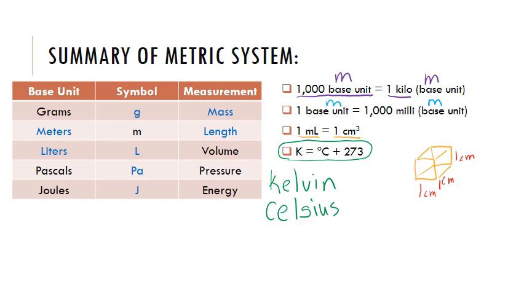So if I have something in Celsius and I want to change it to Kelvin, you simply add 273. So the two scales are the same as each other, but they just have different starting points. Kelvin starts at what we call absolute zero, or 0 Kelvin, and Celsius starts at negative 273. So to change between them, we just have to add 273 to the degrees Celsius, and we can get our Kelvin temperature. We'll look at an example of that on one of the next slides.